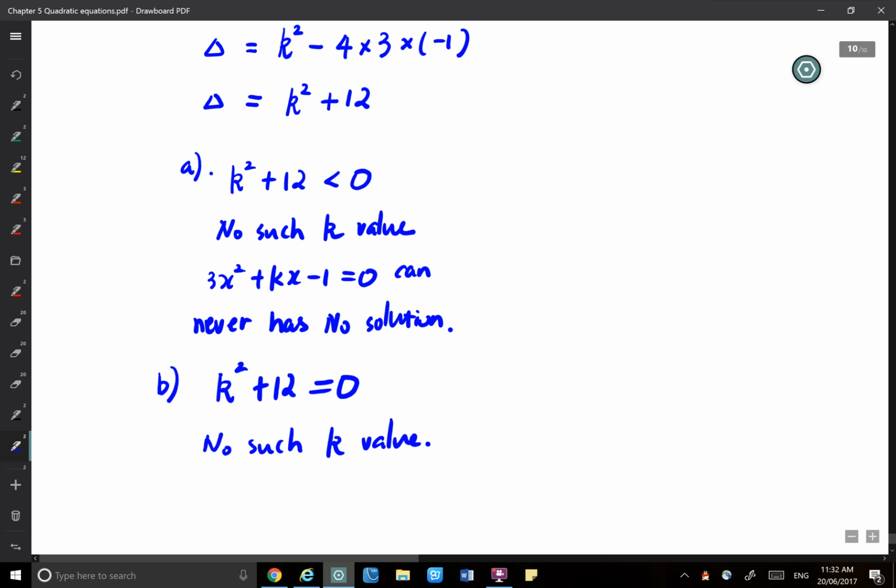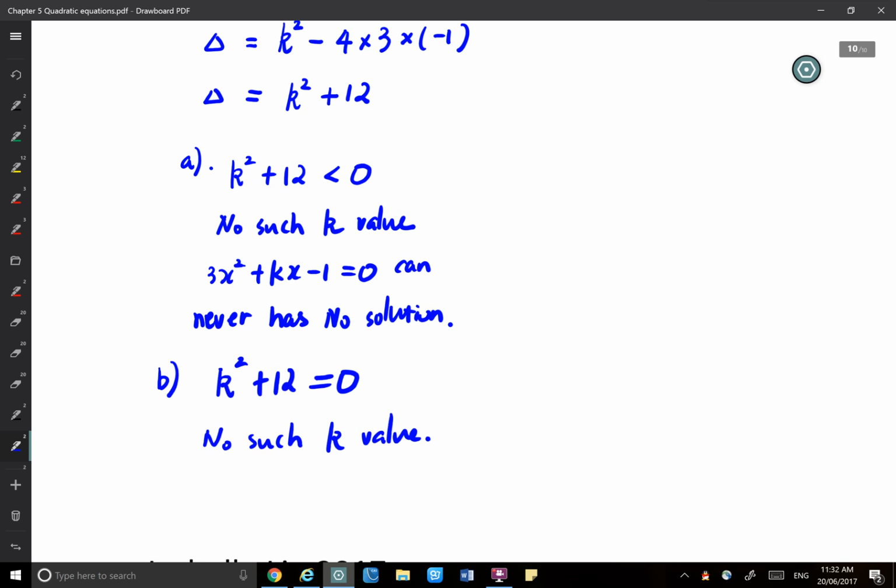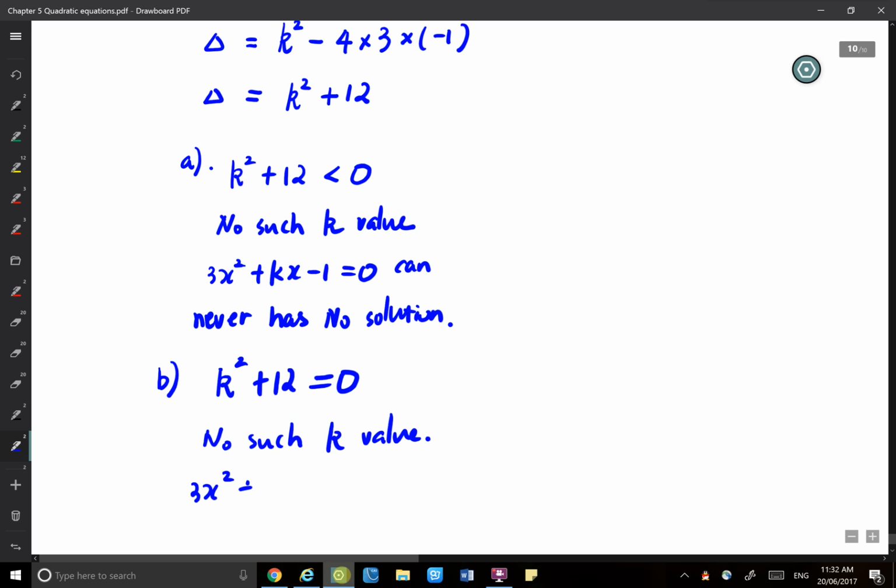There will never be only one solution. There are always two solutions. So 3x squared plus kx minus 1 equals 0 can never have one solution for x.